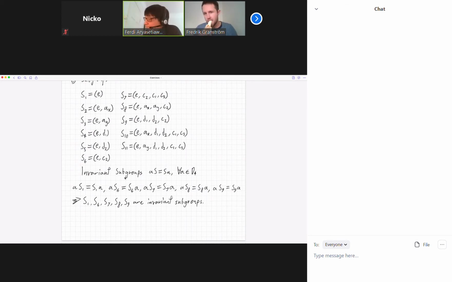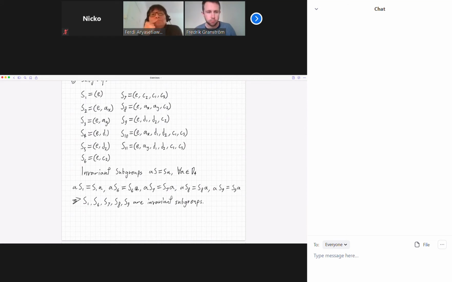And then for the invariant subgroups, we see that, for example, since C2 takes AX to AY, D1 to D2, C1 to C3, and so on, S6 becomes an invariant subgroup, because if we multiply by D1, for example, from the left, we get D1, D2, and if we multiply by the right, we get D2 as well.